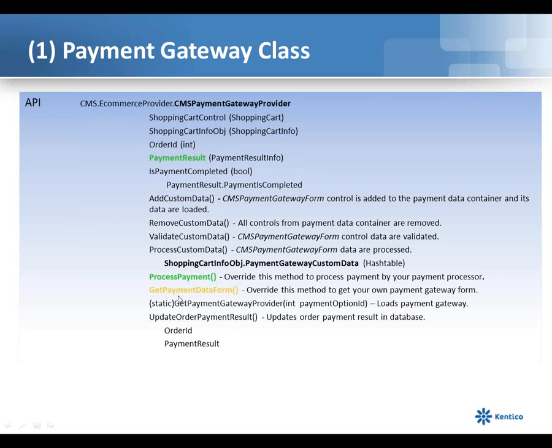And optionally, I can have a payment gateway form, which is loaded by get payment data form class, where if I want to have that payment form, I need to override this method where I need to return my control. We'll see how to do that.